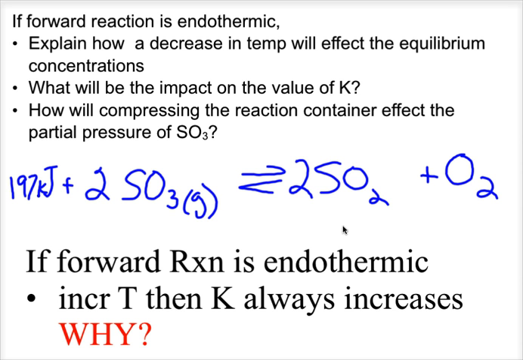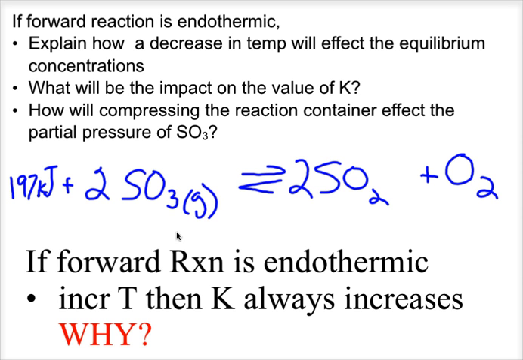And in that case, the system is going to try to compensate by reducing the total pressure. And the way to do that in this system is by the reverse reaction occurring, producing more SO3 and fewer molecules of SO2 and oxygen, returning the system to equilibrium.